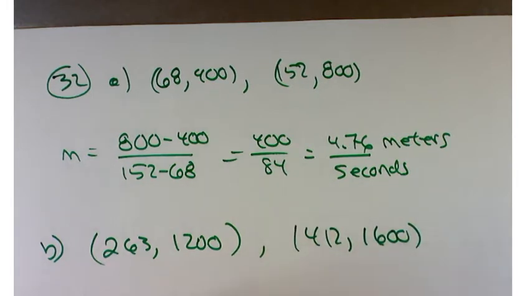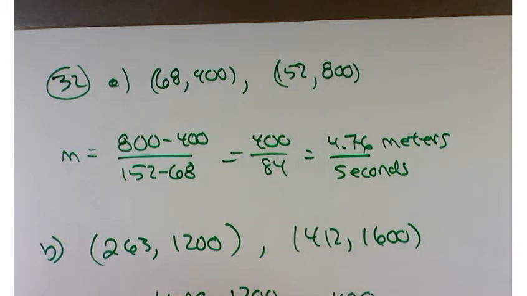So again, the average rate of change, 1600 minus 1200 over 412 minus 263. So 400 divided by 149. 2.68. Again, that'd be meters per second.